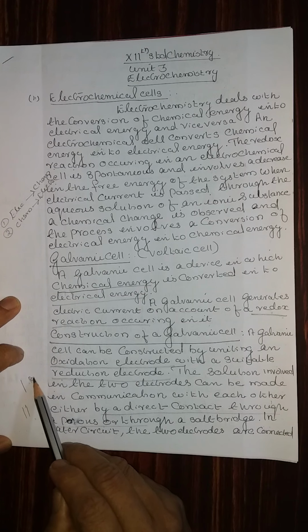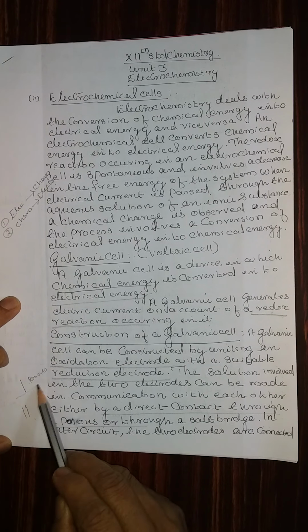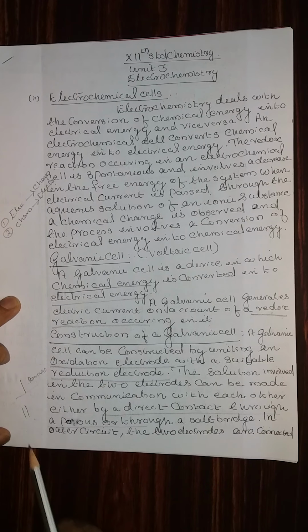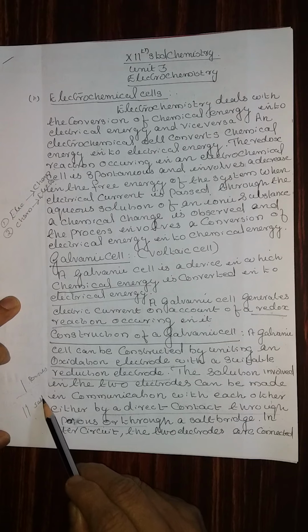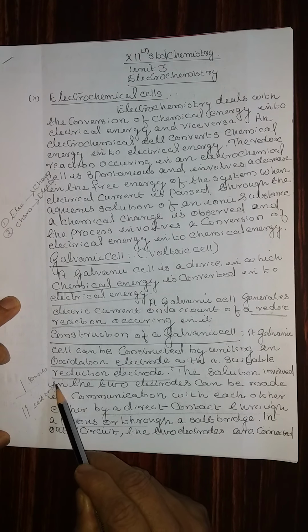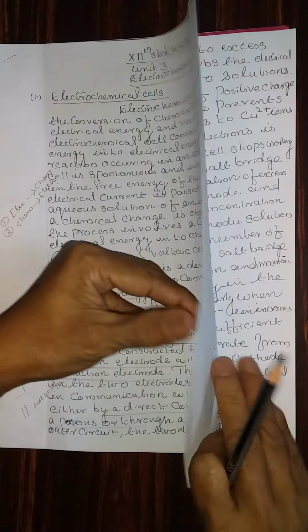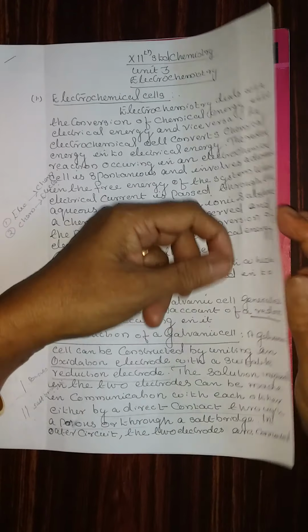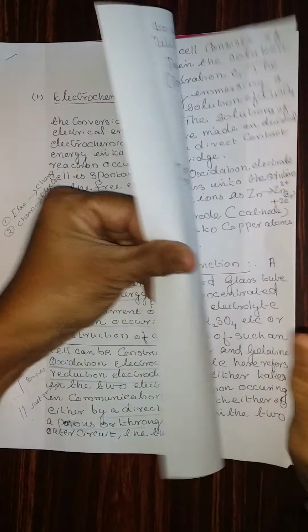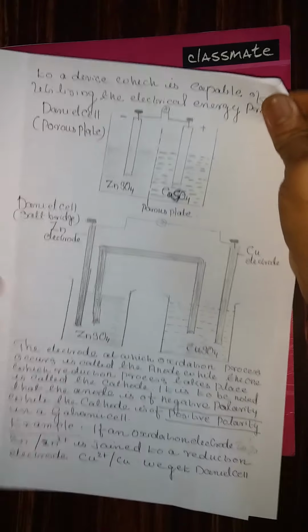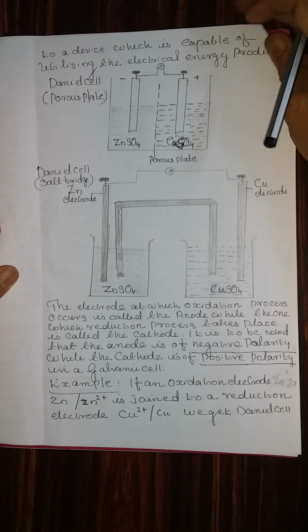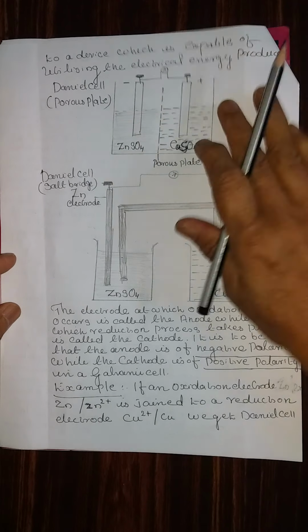If a porous spot is used, a single line is used for the representation of the cell, and if a salt bridge is used, a double line; that we'll discuss again. Then in the outer circuit the electrodes are connected to a device which is capable of utilizing the electrical energy produced.